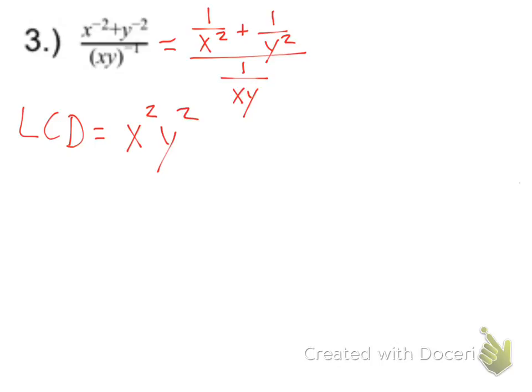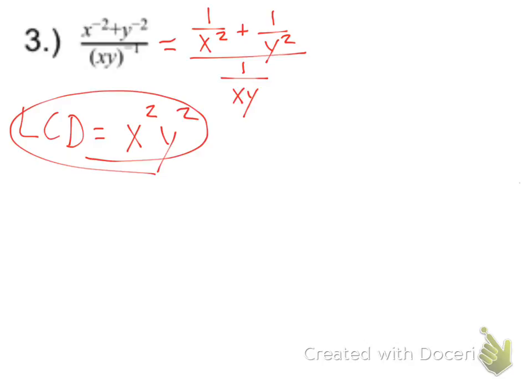We then look at xy. Is x part of x squared, y squared? Yes. X squared is x times x. I already have an x. I'm good to go. What about a y then? Yes. So therefore, x squared, y squared is the LCD of our problem.